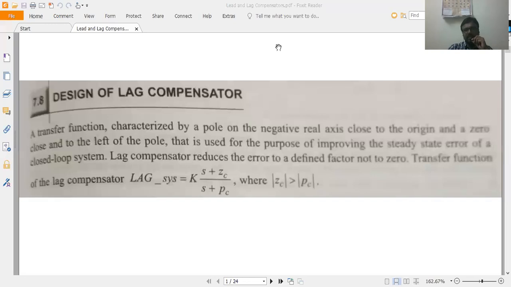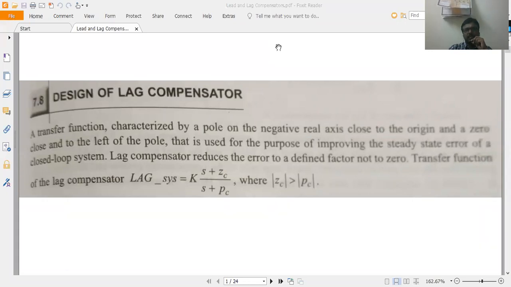That means he is going to talk about the poles and zeros on the negative side of the real axis. If the poles or the zeros or the roots of the transfer function lie on the negative real axis, then the particular system is called a stable system.